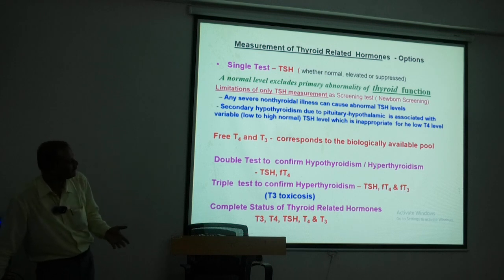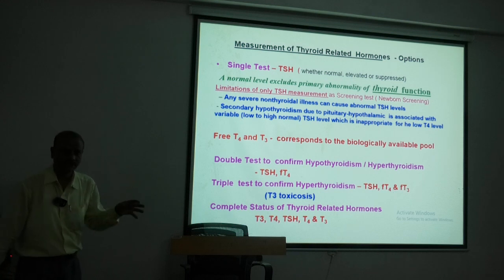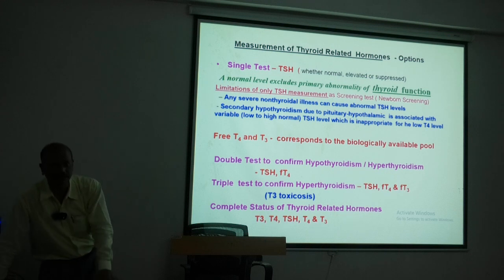Because there is an entity where FT4 and TSH might be normal also. But if you don't do FT3, you will not know whether this is T3 toxicosis or not. That's why, if you think that a patient is suffering from hyperthyroidism, which is relatively uncommon, go for TSH, FT3 and FT4.